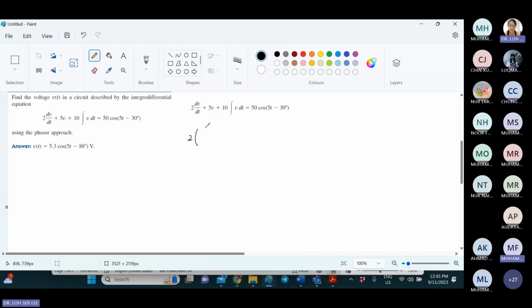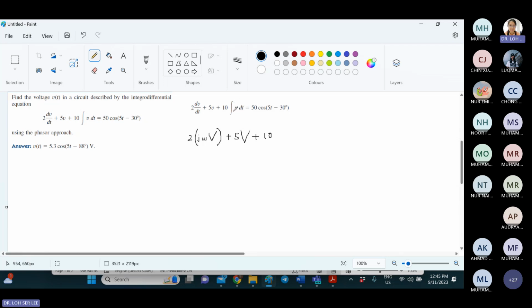So we have V in capital. This is differentiation, so we have j omega, plus 5V, capital V, plus 10.